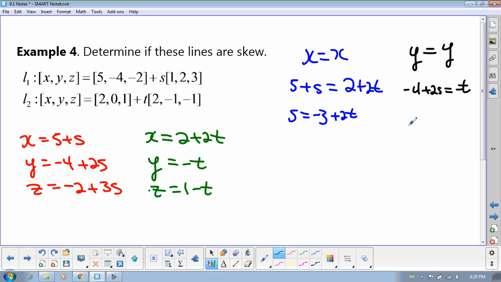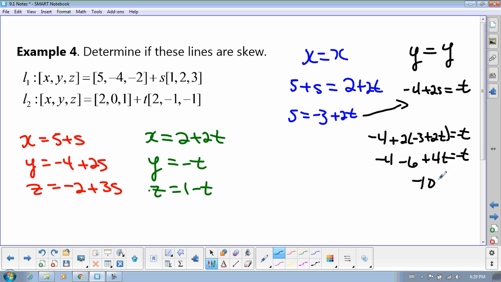So then I'm going to take the s and I'm going to substitute it over here. So I have negative 4 plus 2 multiplied by negative 3 plus 2t equals negative t. So negative 4 minus 6 plus 4t equals negative t. So negative 10 equals negative 5t.